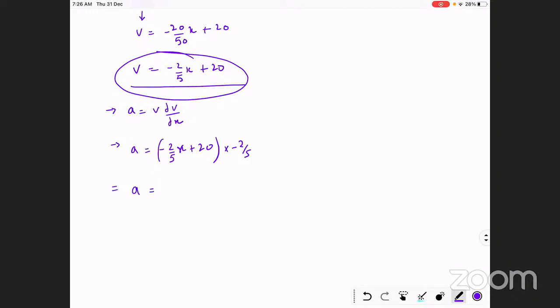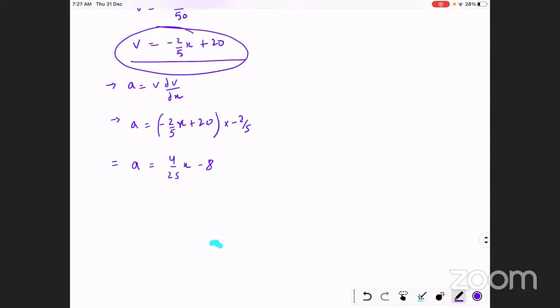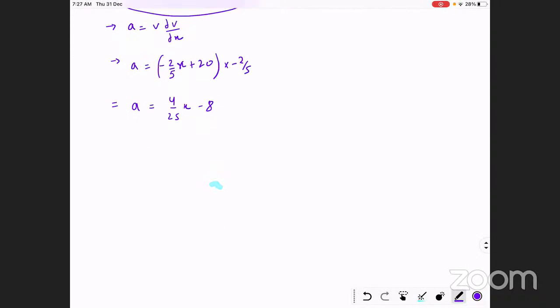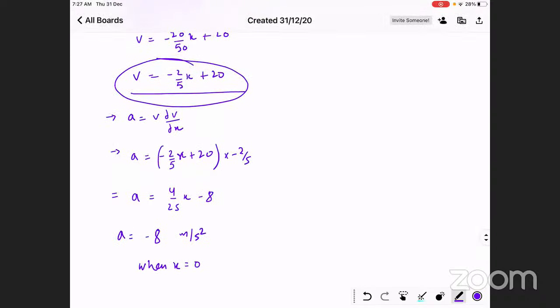So finally your acceleration is 4 by 25x minus 8. Am I right? Is this correct? Yes, 100% correct. So acceleration is minus 8 meter per second square when x is 0. Could you understand that? Yes, sir.